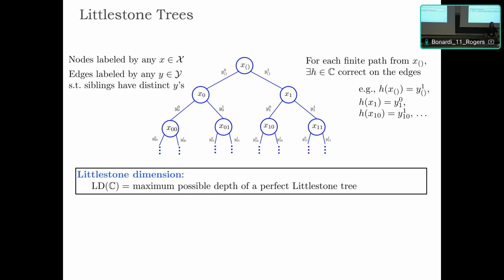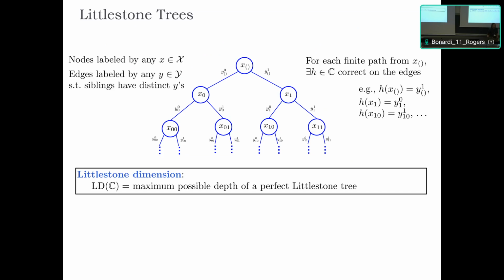And then the constraint here is that for every finite path from the root, there's some concept in the class that's correct along that path, just meaning that for each node x, if the path takes the right branch, then the concept should agree with that label for x, or if it takes the left branch, it should agree with the left label for x.